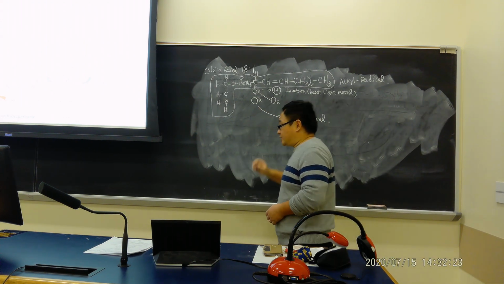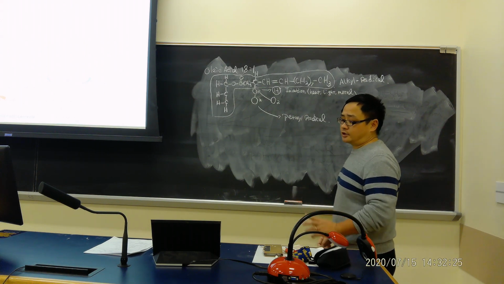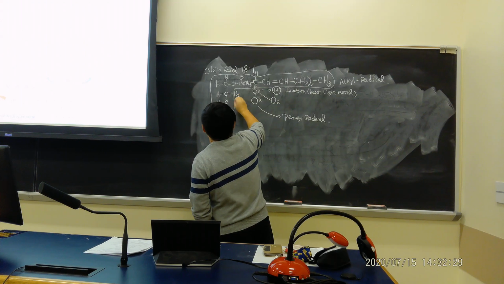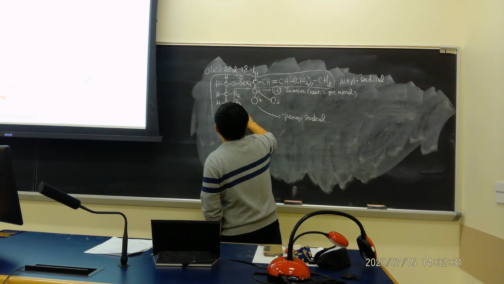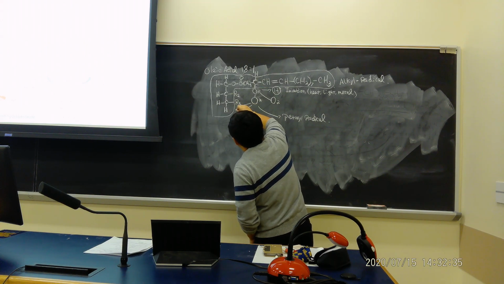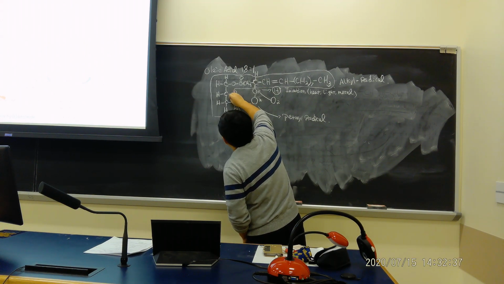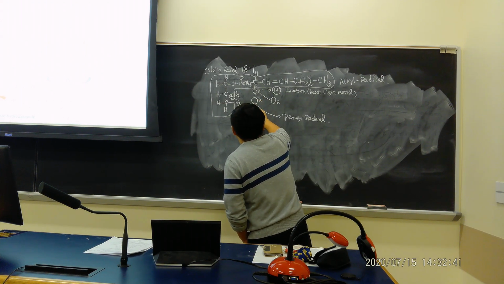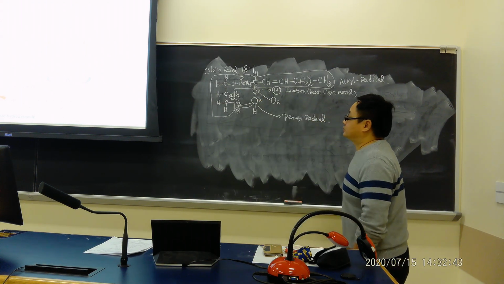This peroxy radical will attract hydrogen from the 2nd position or from the 3rd position. This could be attracted from here or from here. So what happened? We'll have another one attached.